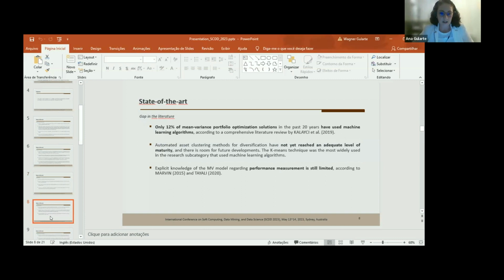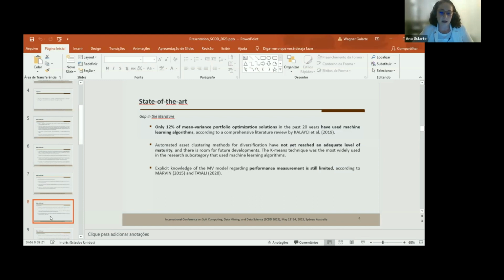Gap in the literature. Only 12 of mean-variance portfolio optimization solutions in the past 20 years have used machine learning algorithms according to a comprehensive literature review by Kalaisi. Automated asset clustering methods for diversification have not yet reached an adequate level of maturity, and there is room for future developments.